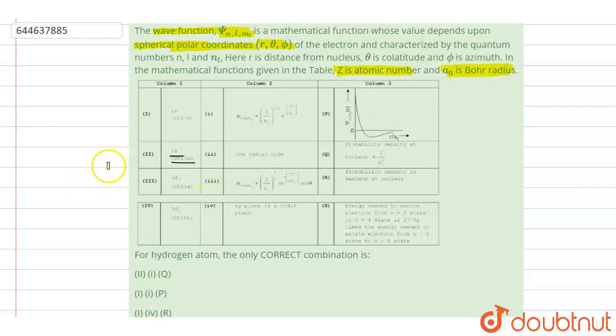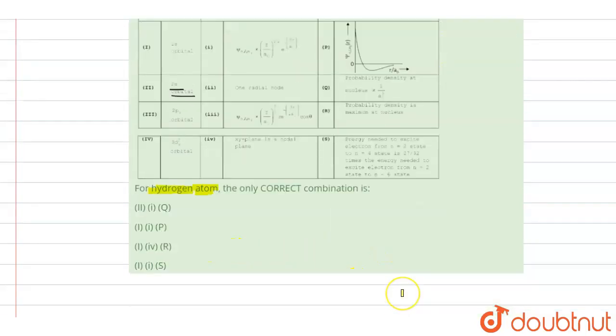So for hydrogen atom, we have to identify the correct combination out of these 4 combinations.